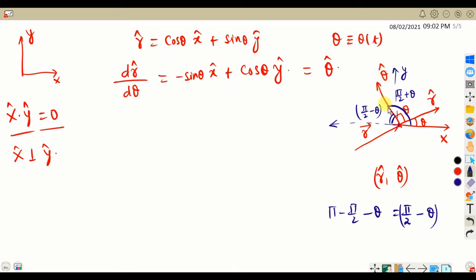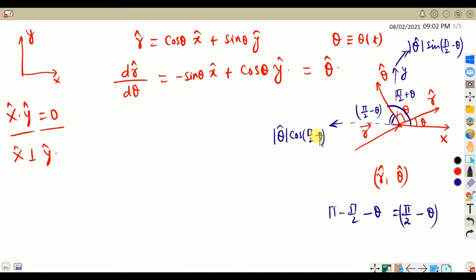So theta hat, we can write one component as theta hat magnitude cos of pi by 2 minus theta, and the other component as theta hat magnitude sin of pi by 2 minus theta.